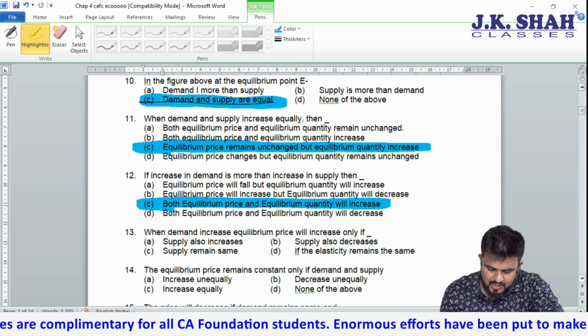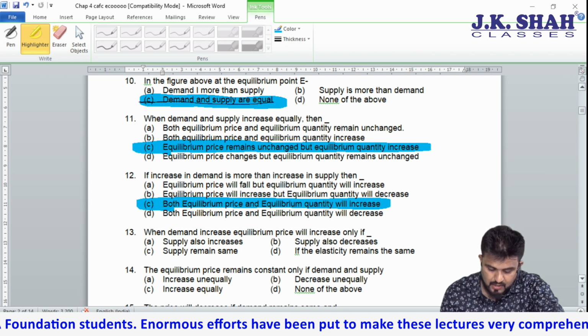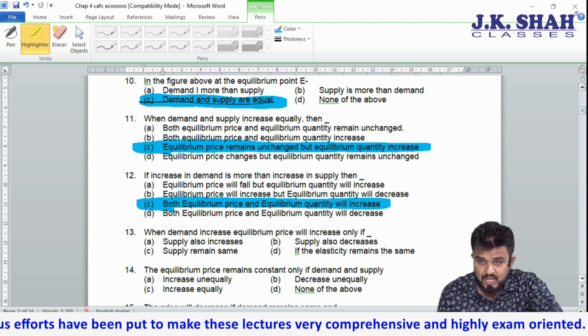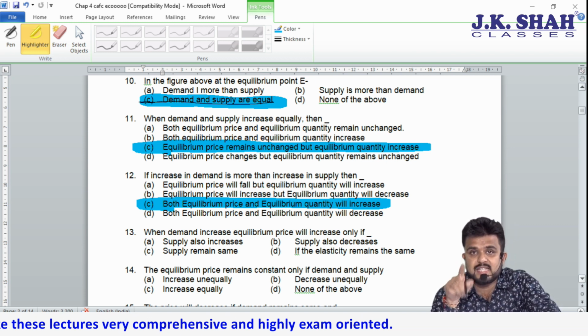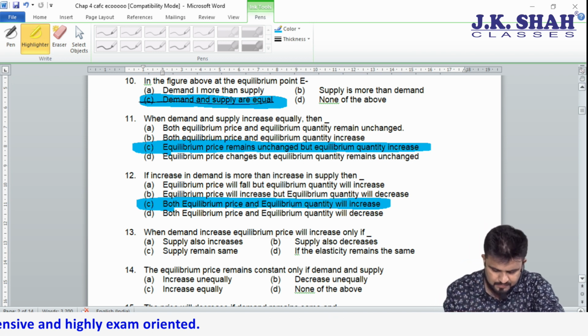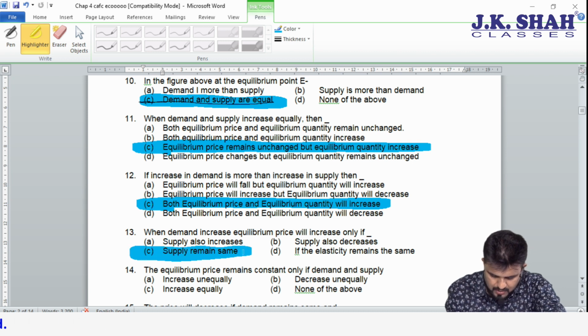When demand increases, equilibrium price will increase only if supply should remain the same. Supply should remain constant. Then only price will increase. So here they have given the C option. Supply remains same.